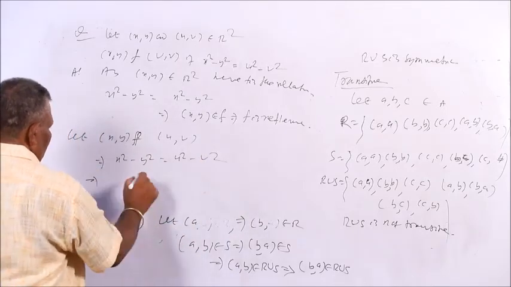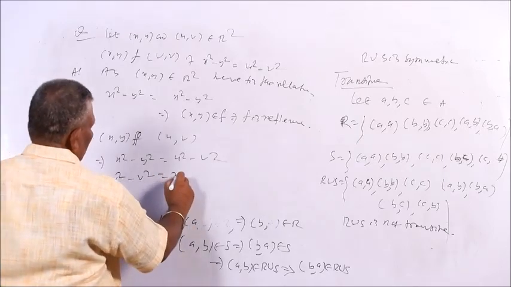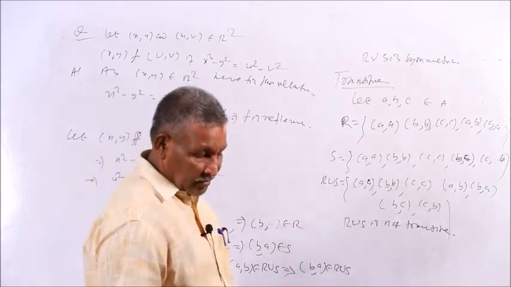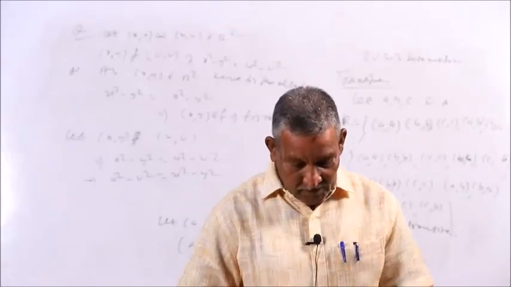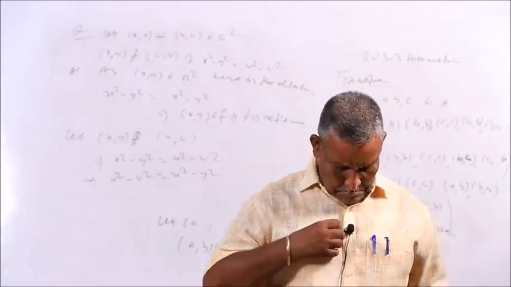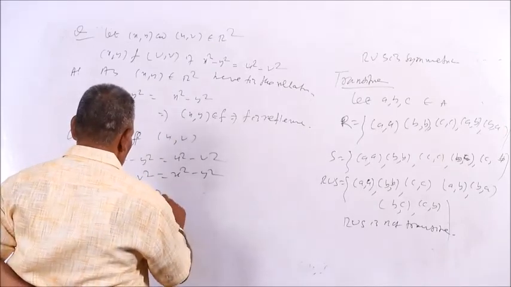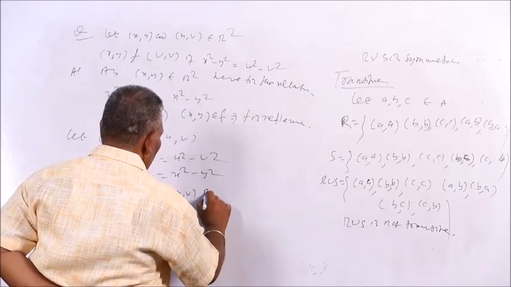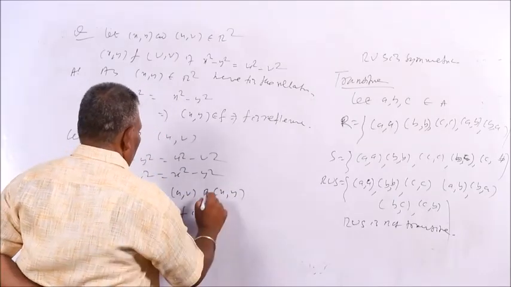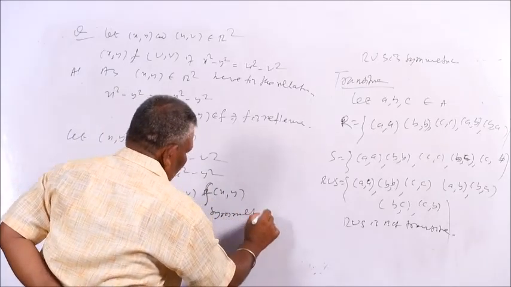Just reverse the order of this equality, which implies u square minus v square equals x square minus y square, that implies (u, v) is related to (x, y). So f is symmetric.